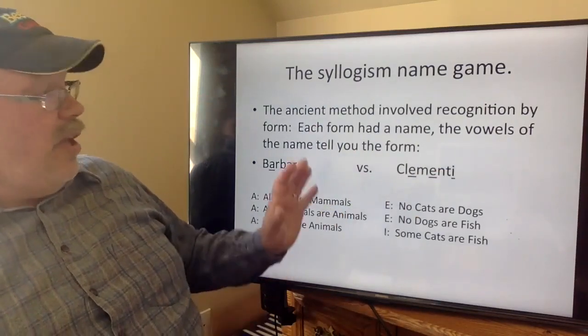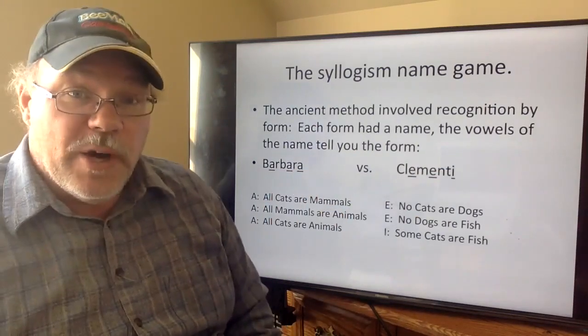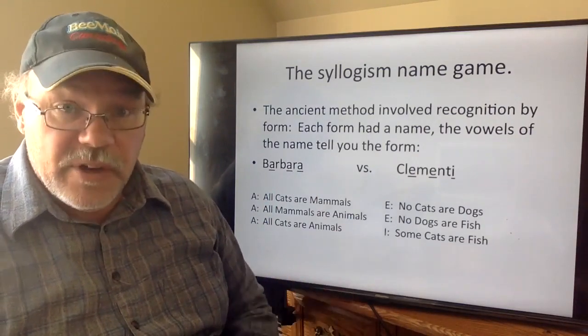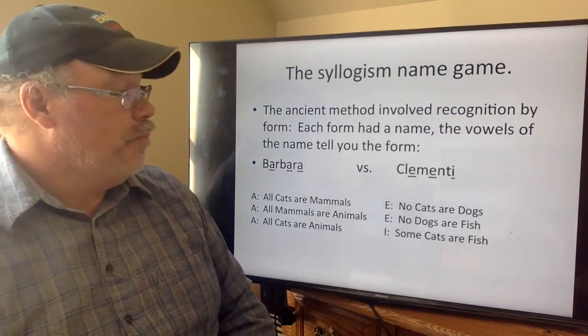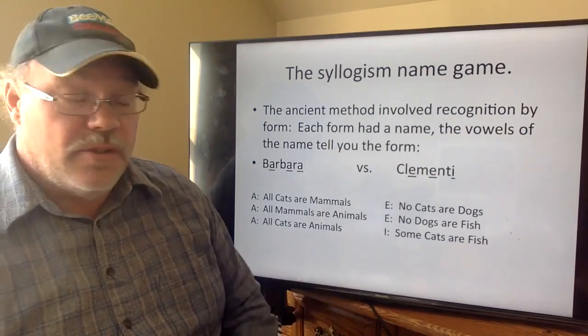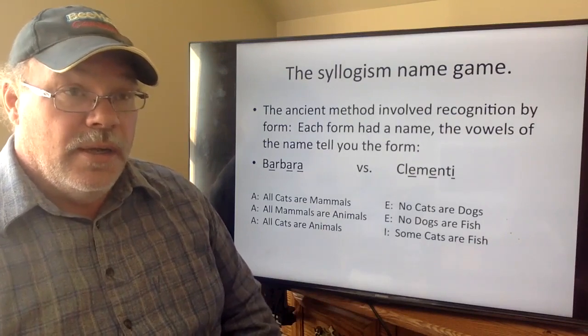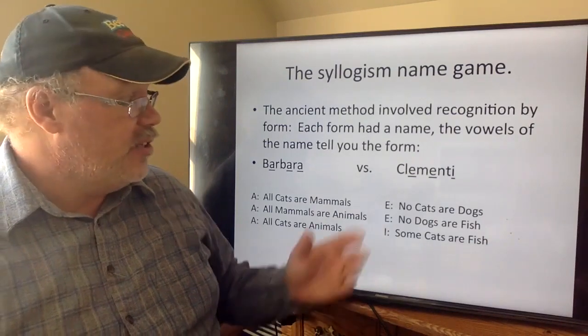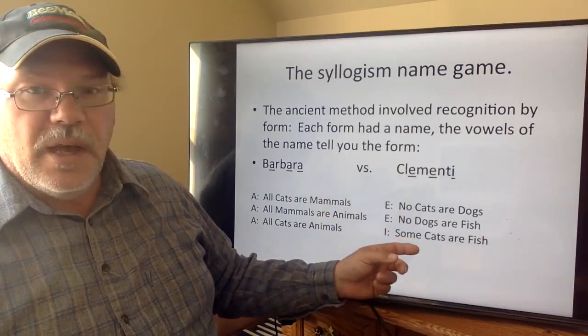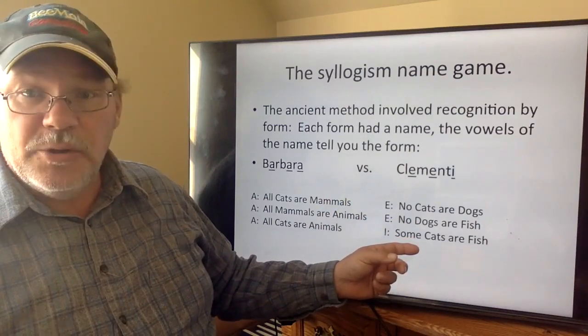Okay, so if you're going to sit down to memorize 256 things, it's good to have a plan, and there is a plan available to do that. And in fact, what the ancients would have done is define the form and then attempt to come up with a counterexample.